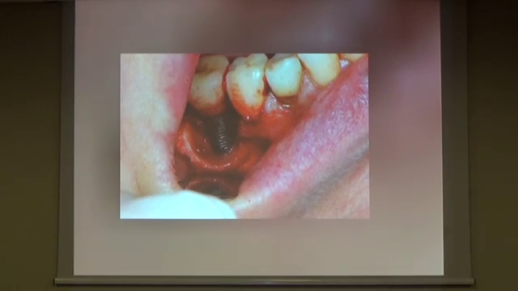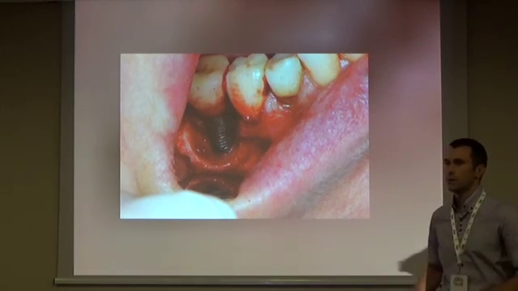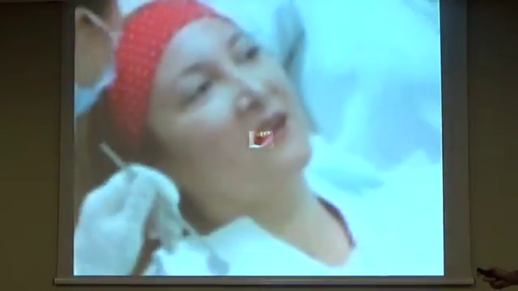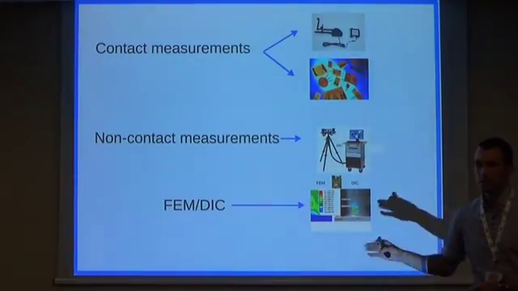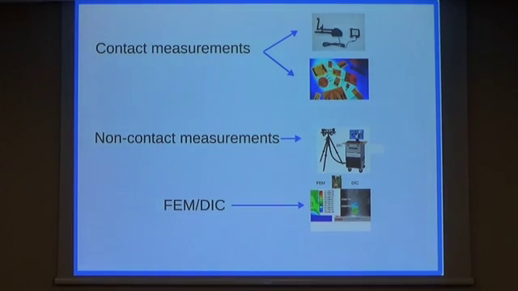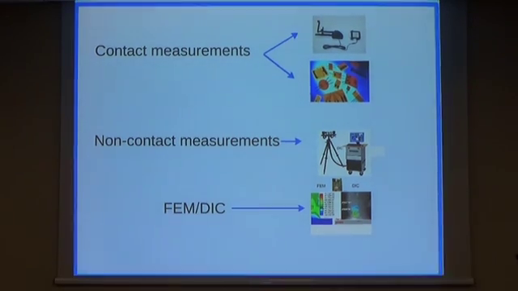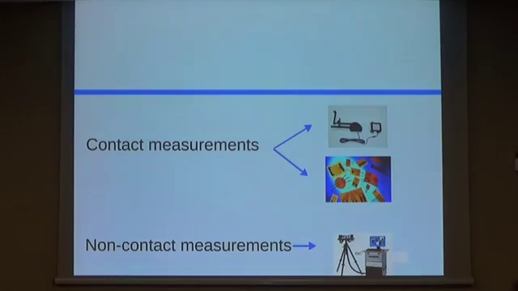And in the next stage, our other task is to develop a procedure for testing different types and geometry of implants. Usually we use contact and non-contact measurements for strain analysis, such as strain gauges or extensometers.